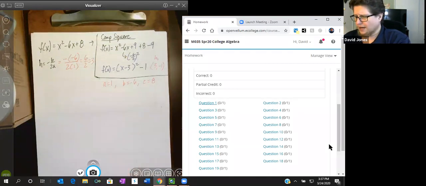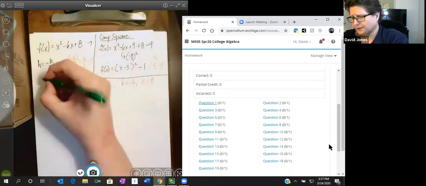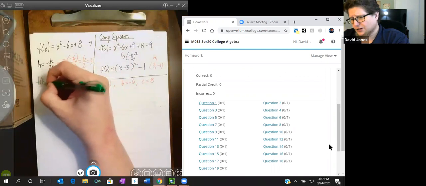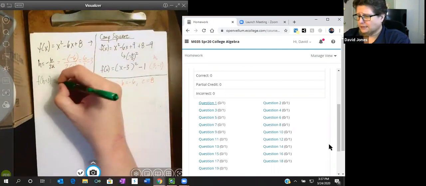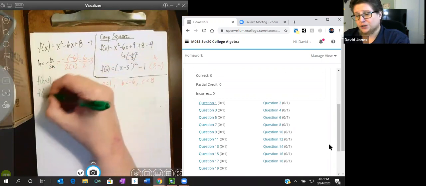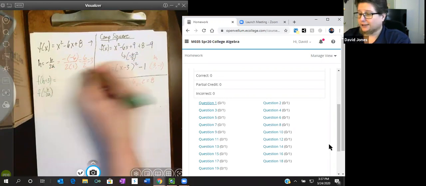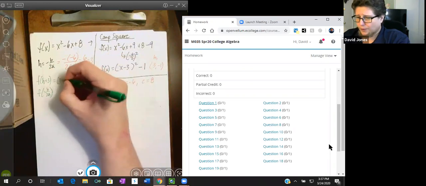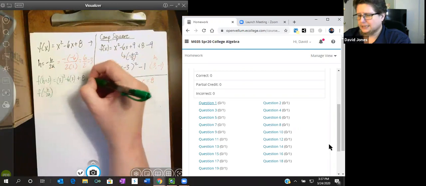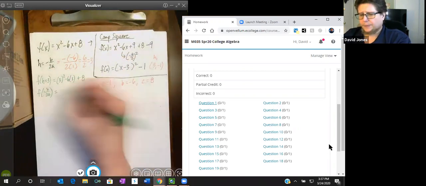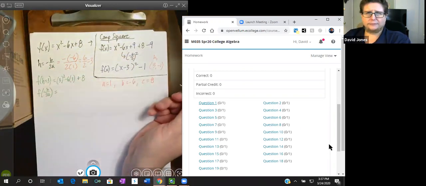Then I'm going to do f of 3, positive 3. F of h, which equals 3. Or f of negative b over 2a. That's how I was saying it earlier. I've got 3 squared minus 6 times 3 plus 8. Three squared is 9.